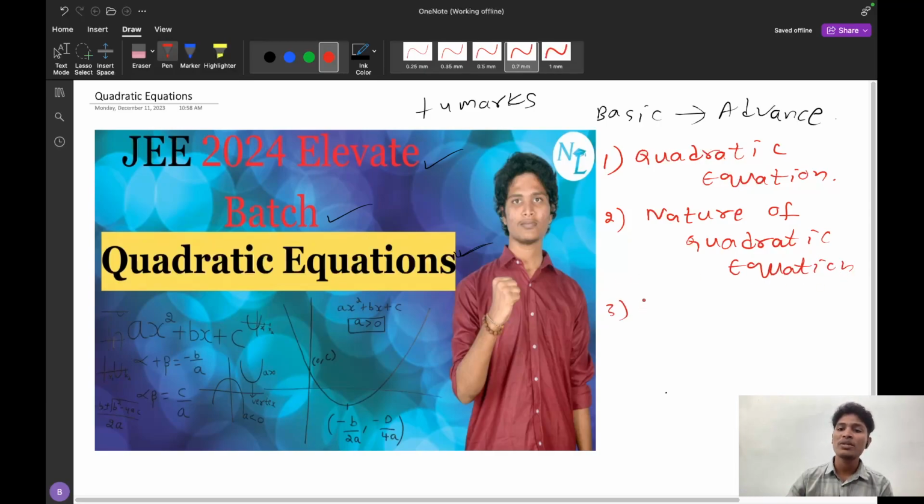And third, the most important concept, the location of roots. Like this, many important concepts are there in quadratic equations, but these three are the most important.